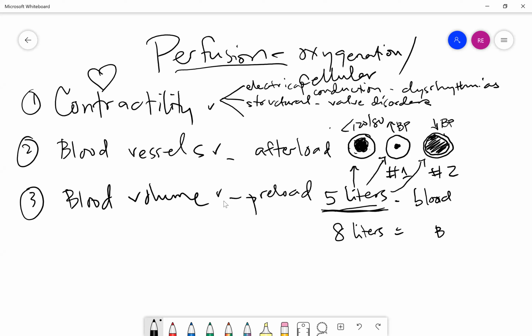Increases. Very good. What happens if it's only 3 liters? Decreased. Very good. So you understand the relationship between preload, afterload, and contractility.